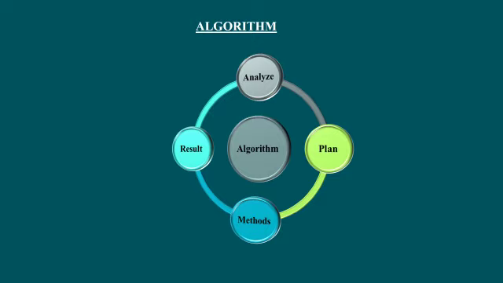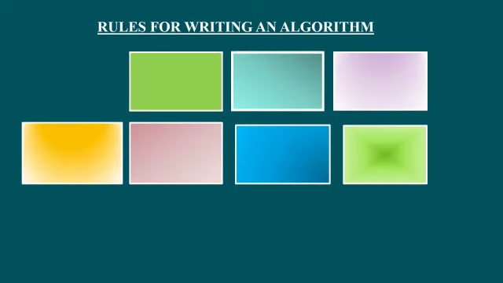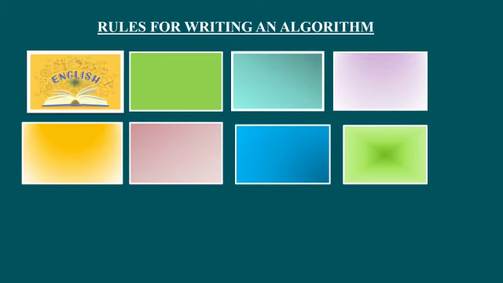This step-by-step procedure to solve any logical and mathematical problem is called an algorithm. For writing an algorithm, children, it should be written in English-like language. It should be written in a simple and precise manner so that everyone can understand it.